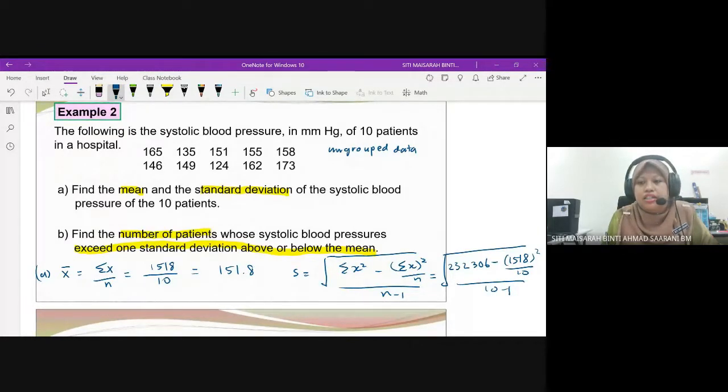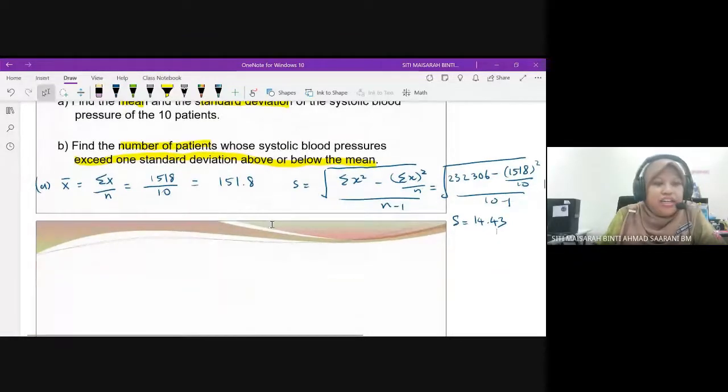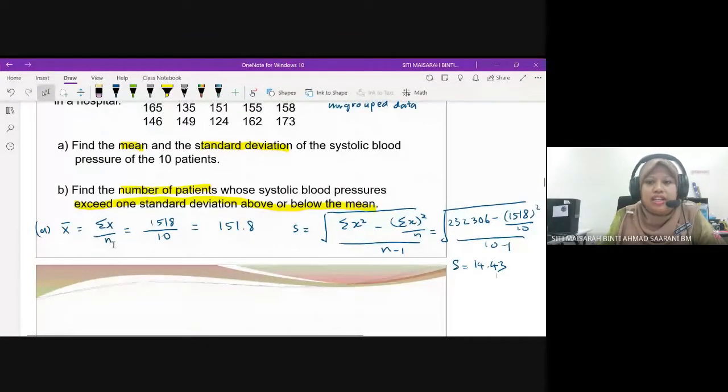Then S is equal to 14.43. Correct? This is just what madam read on the calculator. 14.43. Correct. Same? Alright. So this is the question, it is straightforward. It asks for the mean and standard deviation.